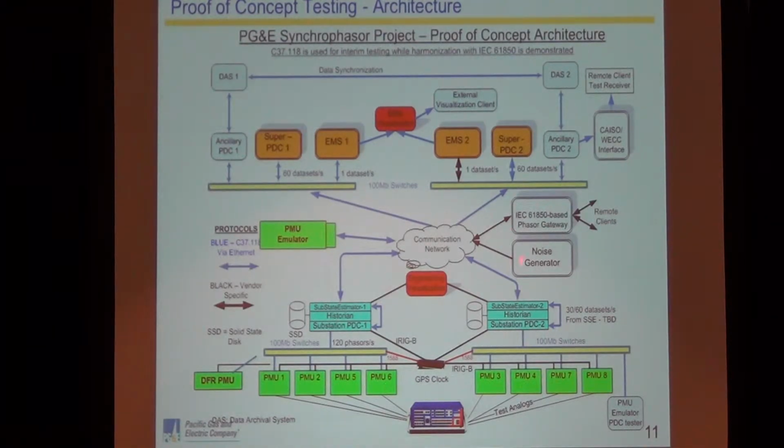This is a little diagram showing the proof of concept testing facility at PG&E with a number of PMUs on two different switches. These switches are capable of 1588 timing distribution with a GPS-based clock providing 1588 timing. I won't get into more details. Also IRIG-B timing is provided to PMUs, as well as substation PDCs, which also route data up to super PDCs.